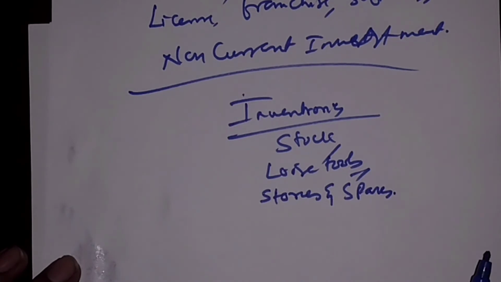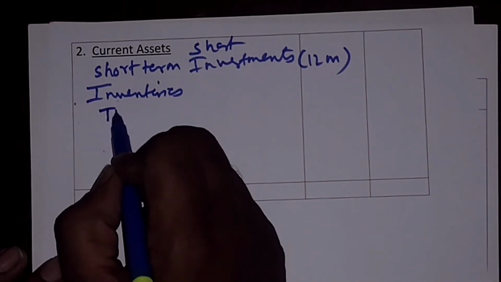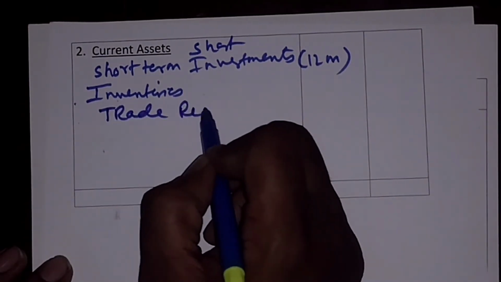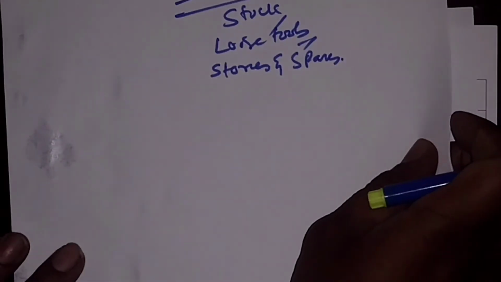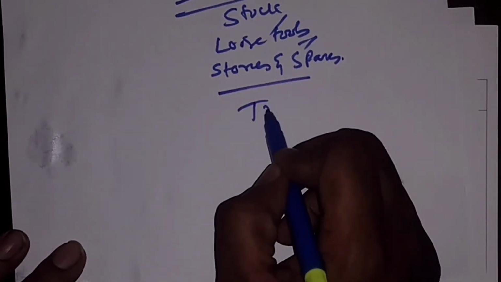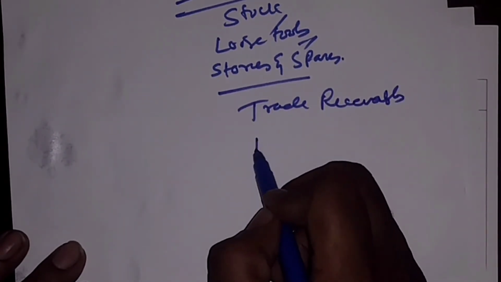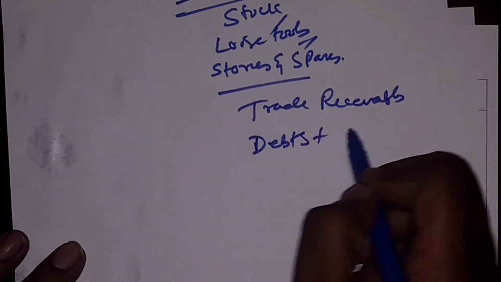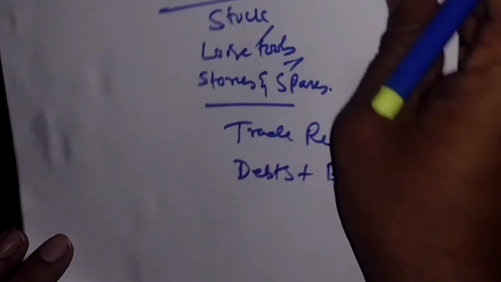All this we call inventories. After inventories, in current assets we have trade receivables. What is trade receivables? Trade receivables equals debtors plus bills receivable.